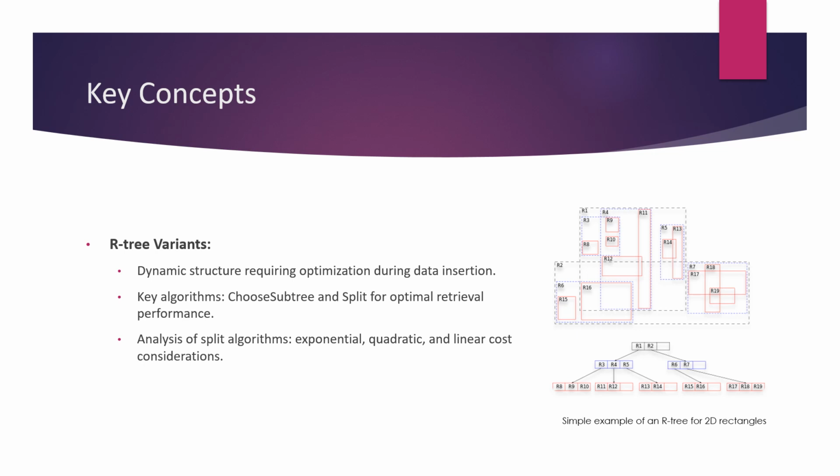In the key concepts, the main heading is R-tree: dynamic structures requiring optimization during data insertions. Key algorithms choose subtrees and split for optimal retrieval performance. Analysis of the split algorithms, explanation and a linear cost.